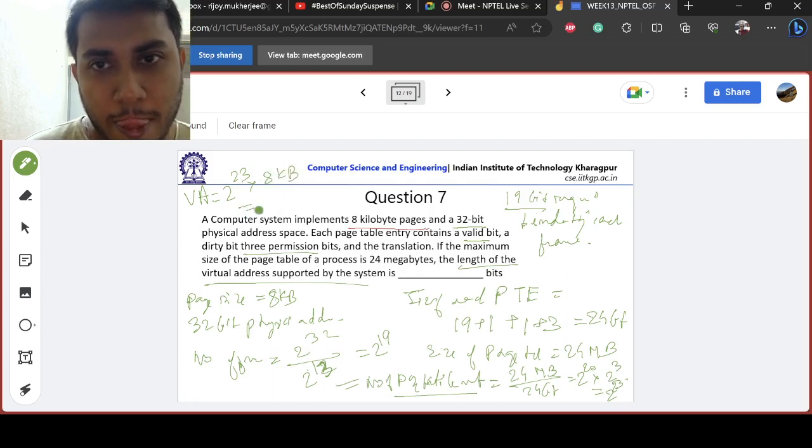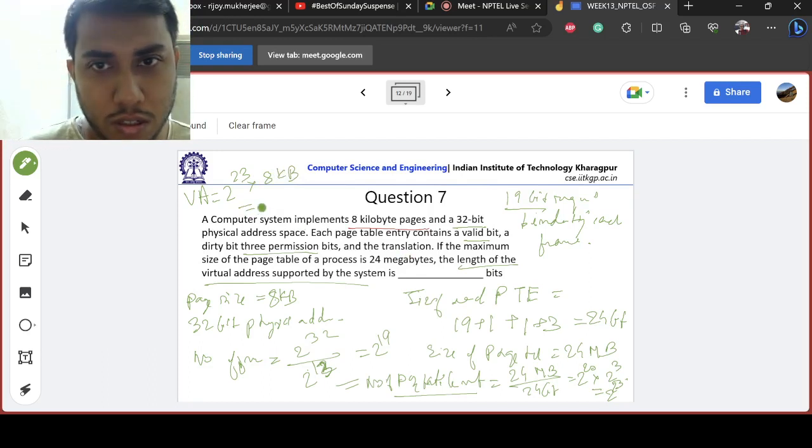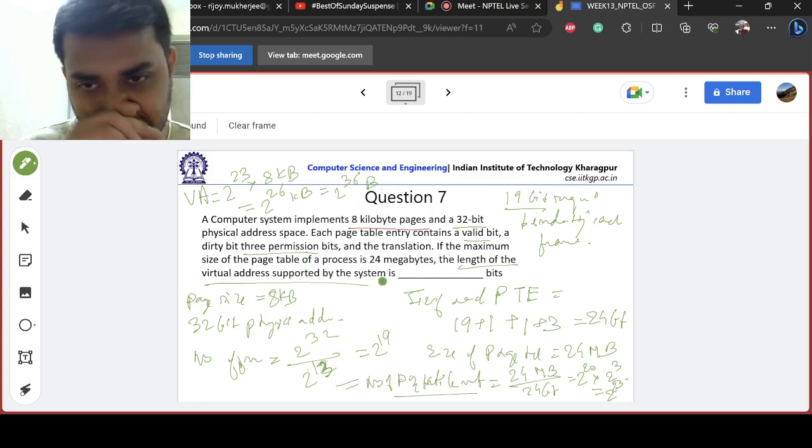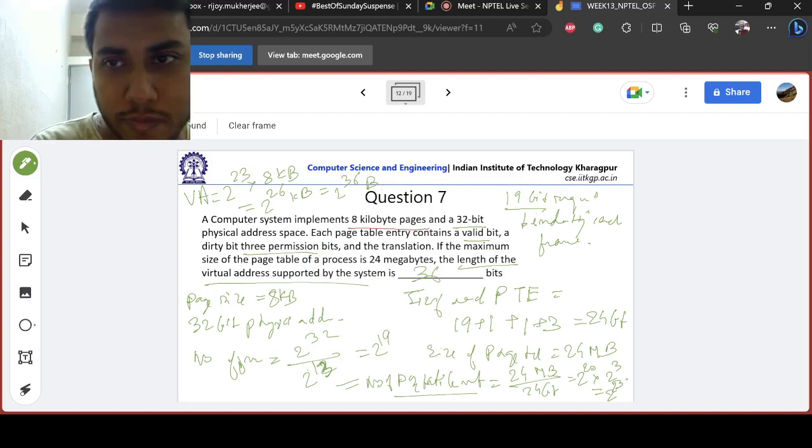So it will be 2 to the power of 36 bytes. So the virtual address space supported will be 36 bits.